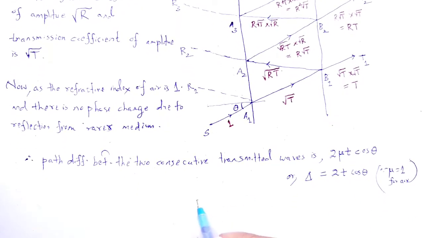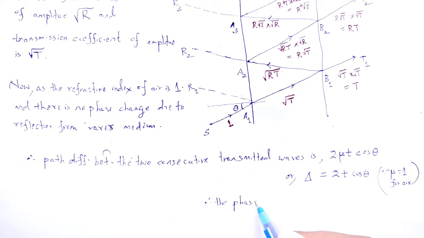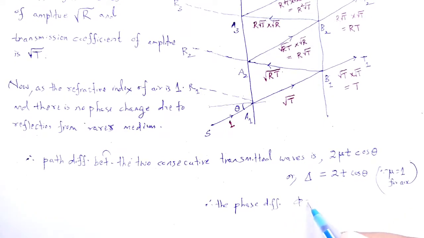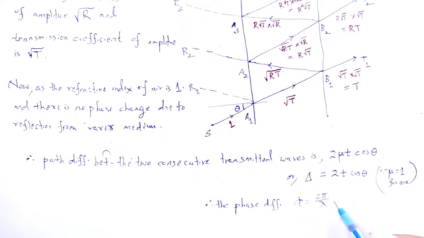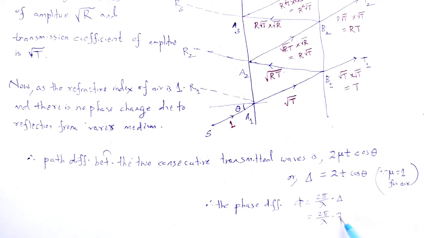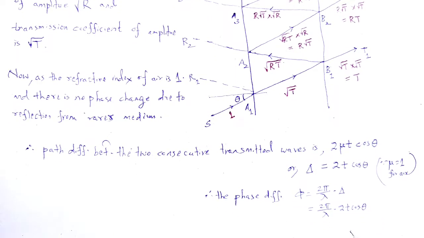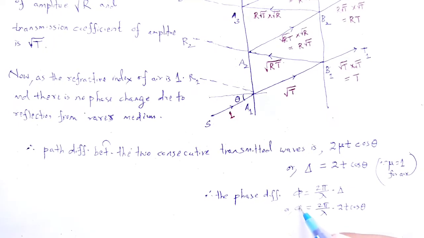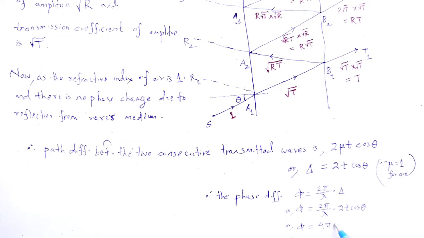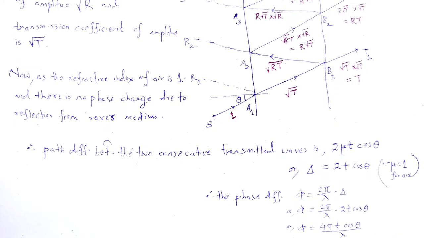Hence the phase difference phi is 2 pi by lambda into path difference, 2 pi by lambda into 2t cos theta, or phi is equal to 4 pi t cos theta divided by lambda.